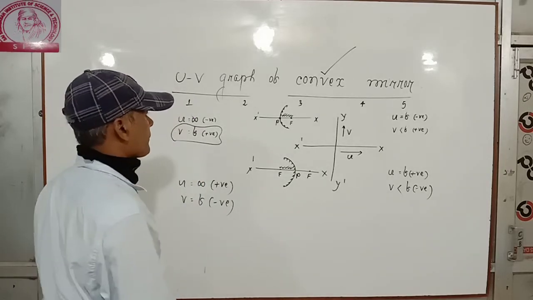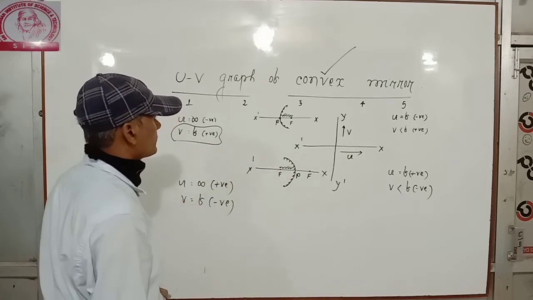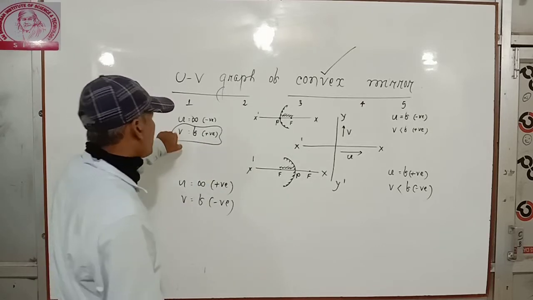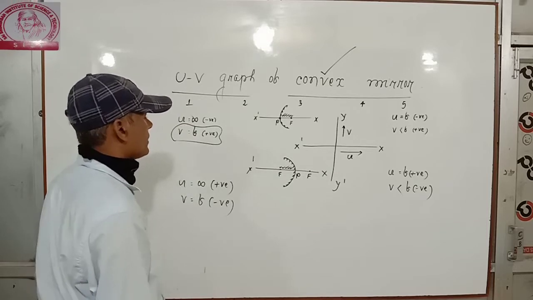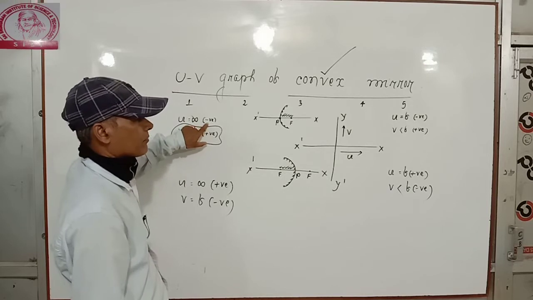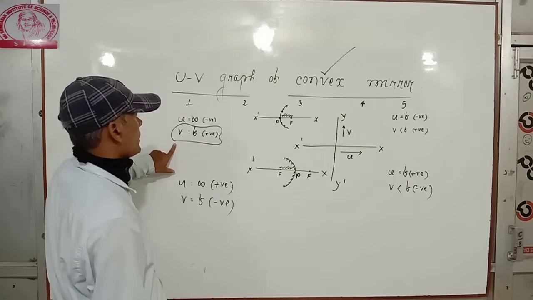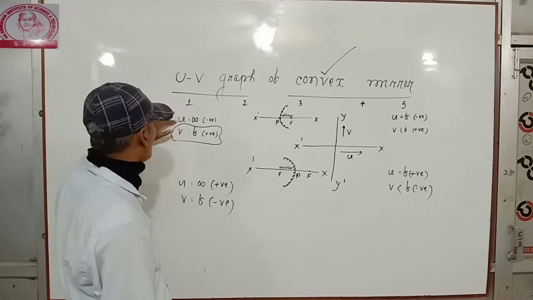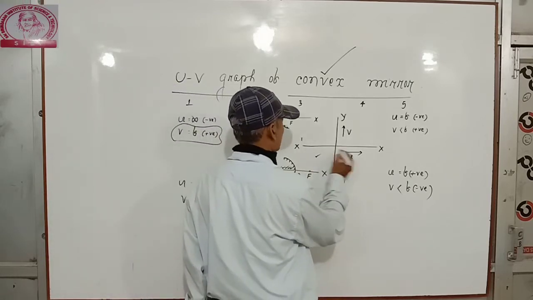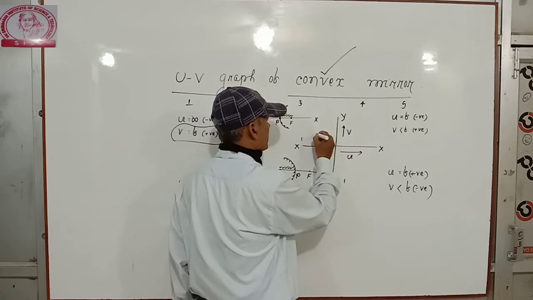For this case, x represents U, y represents V, and x must be negative and y must be positive. So x is negative, y is positive, it is the third quadrant. Sorry, it is the second quadrant.